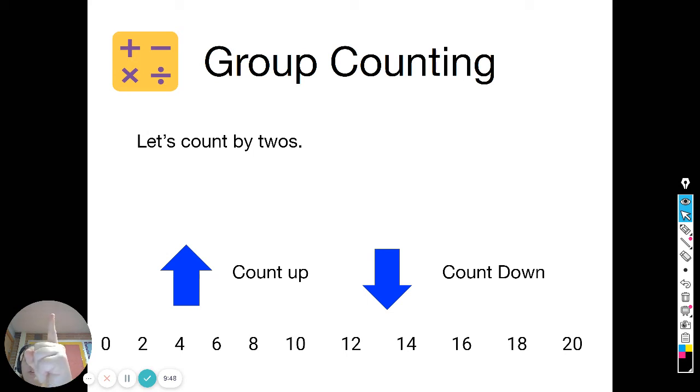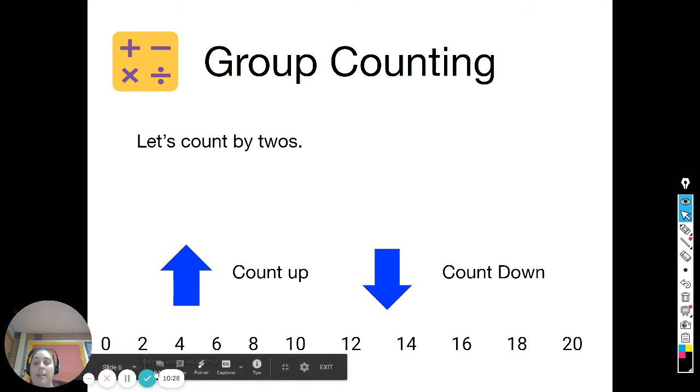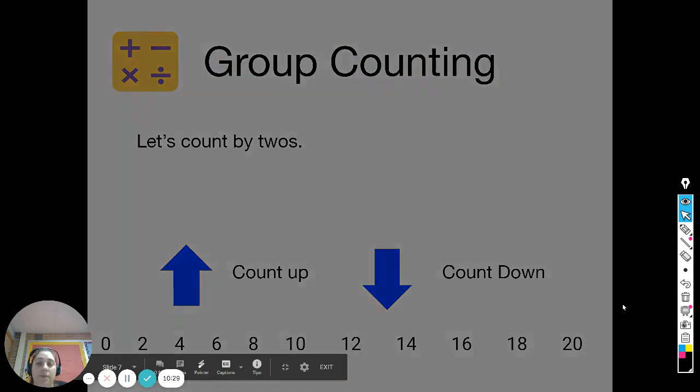Ready? 2, 4, 6, 8, 10, 12, 14, 16, 18, 20, back down, 18, 16, 14, 12, 10, 8, 6, 4, 2, 0. Great job. Okay, so that one obviously is a little bit faster.